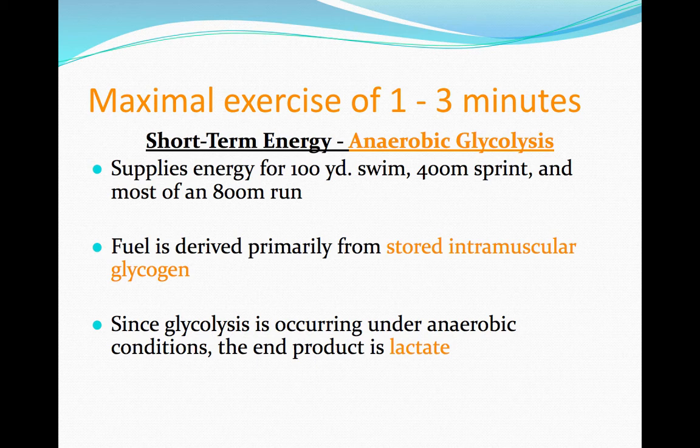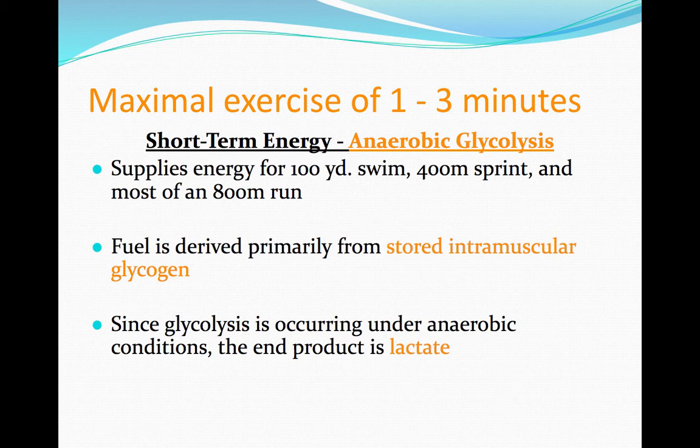But if you're doing maximal exercise for 1 to 3 minutes, then pyruvate is going to go to lactate, right? So this would supply energy for like a 100-yard swim, a 400-meter sprint. So the world record for the 400-meter sprint is 43-ish seconds, I believe.